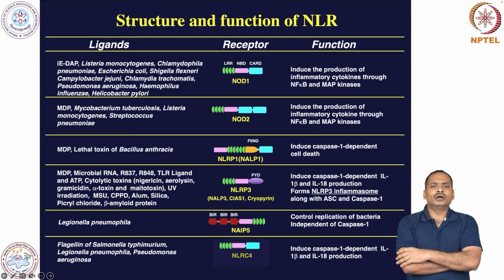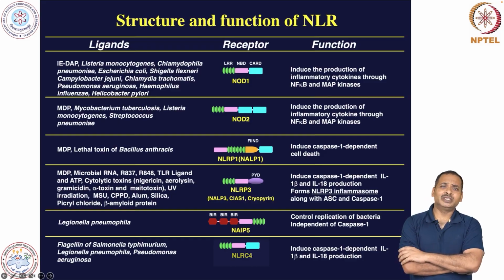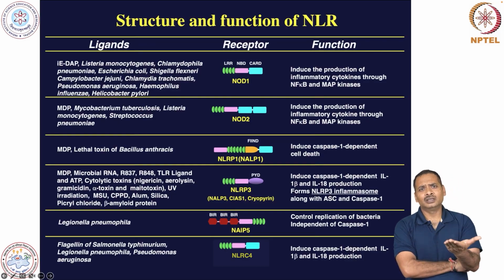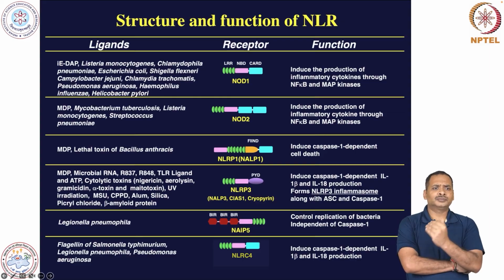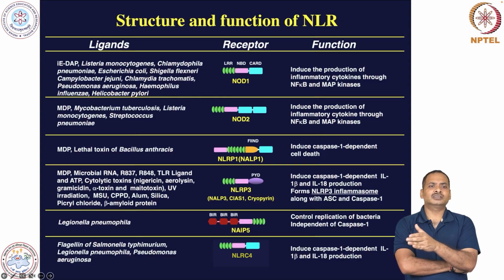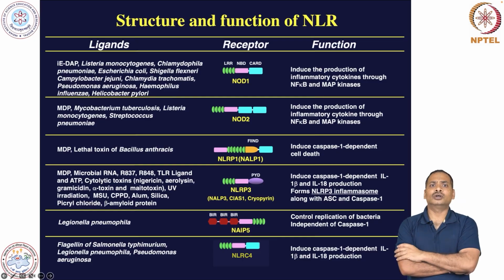On the other hand, NOD2, which has two CARD domains, senses MDP. Again, I will tell more about MDP. Basically, it's muramyl dipeptide, which you may be aware of. It senses MDP from Mycobacterium tuberculosis. It also senses Listeria monocytogenes, which is also sensed by NOD1.